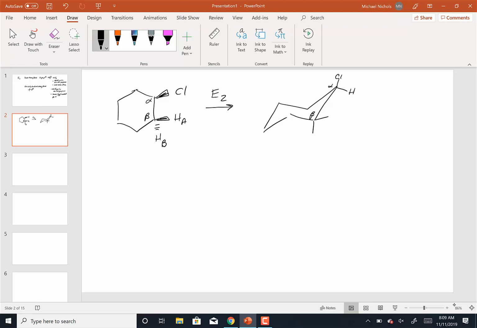Why does the chlorine go in the axial position? Because that's the position that's above the plane of the ring. So then HA would be above the plane of the ring, and HB would be below the plane of the ring. So now if you're the strong base coming in to do E2, which hydrogen can you remove?